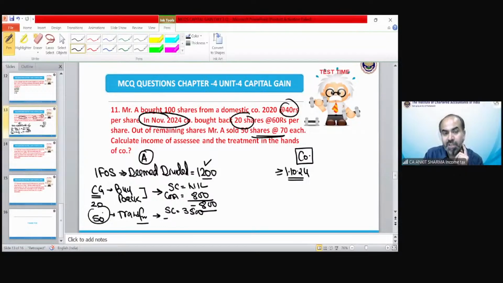And the cost of these 50 share as per 40 rupees per share would be 2,000. So there would be 1,500 rupees long-term capital gain. And that was long-term capital loss. It can be set off. So my capital gain would be 700 rupees.